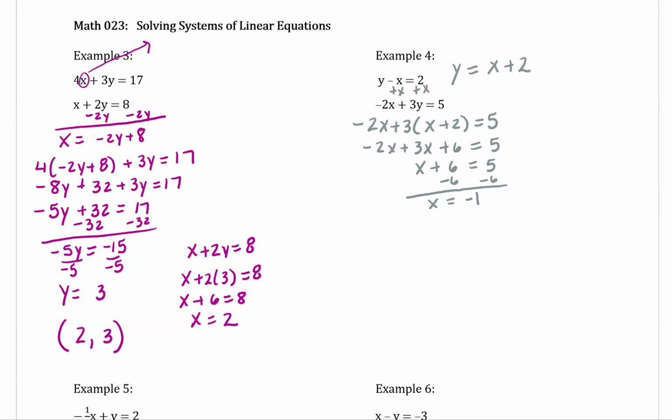Substitute -1 in for x in one of the original equations. I'm going to pick the first one. So I have y minus -1 is equal to 2. That's y plus 1 equals 2. So y equals 1. The intersection point is at -1, 1.